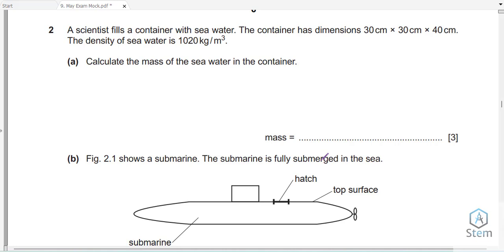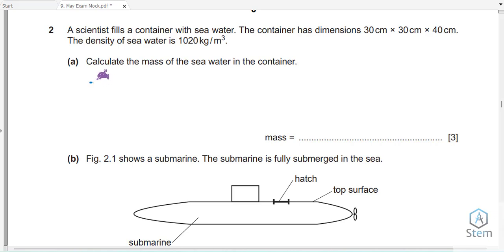A scientist fills a container with seawater. The container is given dimensions, density of seawater is given. Calculate the mass of the seawater in the container.